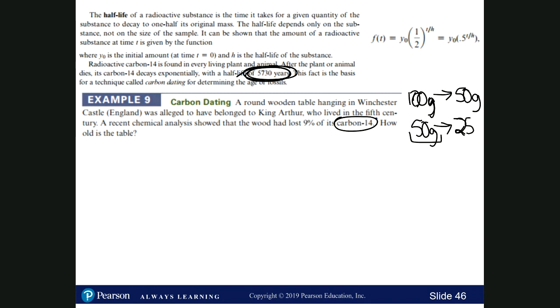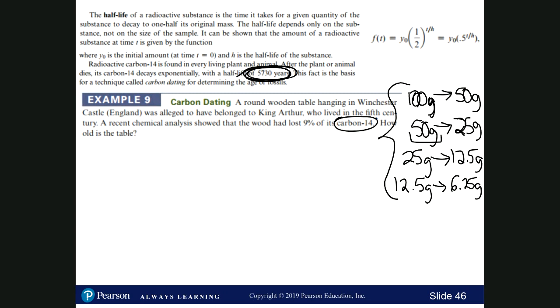Now, after another 5,730 years, those 25 grams will become half of that, so it will be 12.5 grams. And in another 5,730 years, those 12.5 grams will become half of that, so it will be 6.25, and so on.